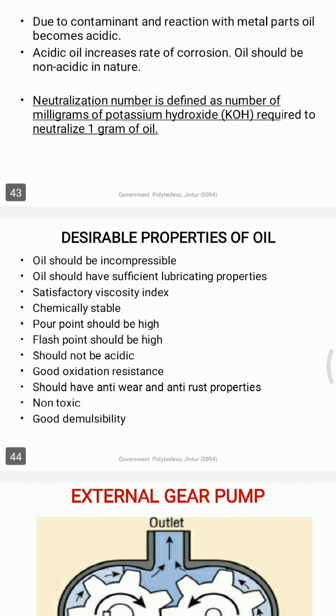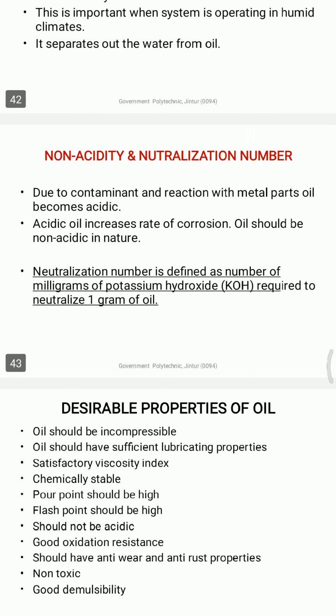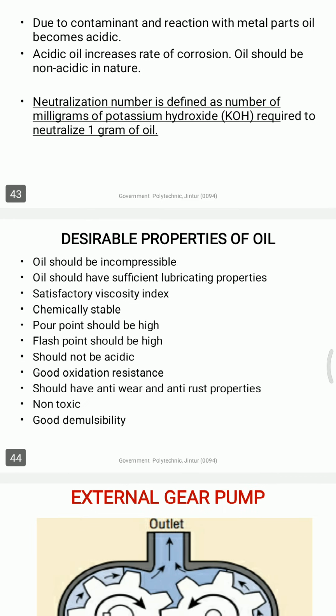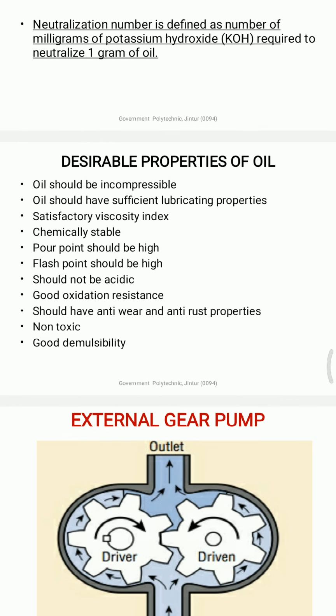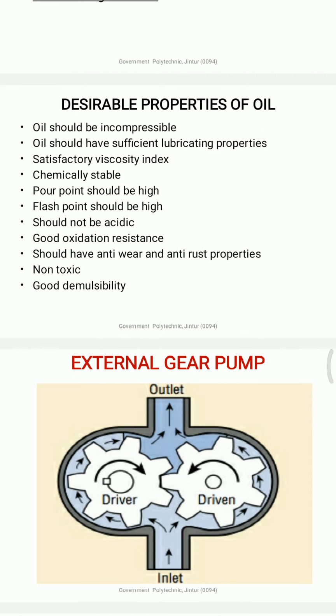Now what are the desirable properties? The previous 10 are the properties. Now the difference between the properties of oil and desirable properties of oil: in the exam, the question can be asked as write the desirable properties of oil. First one, oil should be incompressible. Oil should have sufficient lubricating property. It should have a satisfactory viscosity index. It should be chemically stable. Pour point should be low.